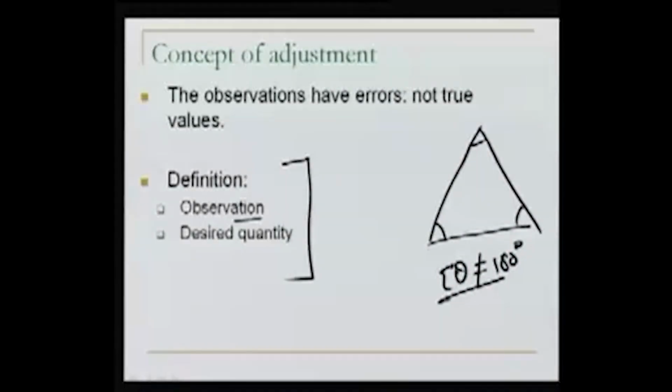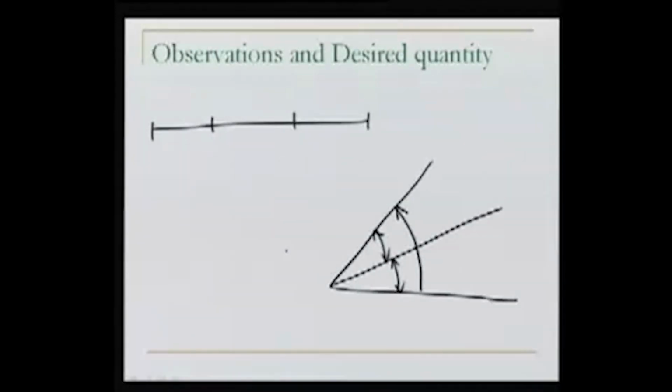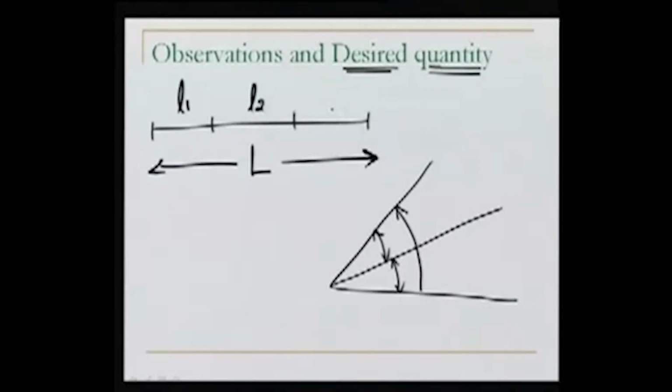One is observation and the second is the desired quantity. What are these? Let's first talk about the desired quantity. Desired quantity is, we want to measure this full length L, but we have a tape which is smaller in length than this full length capital L. So with that we are observing this in parts.